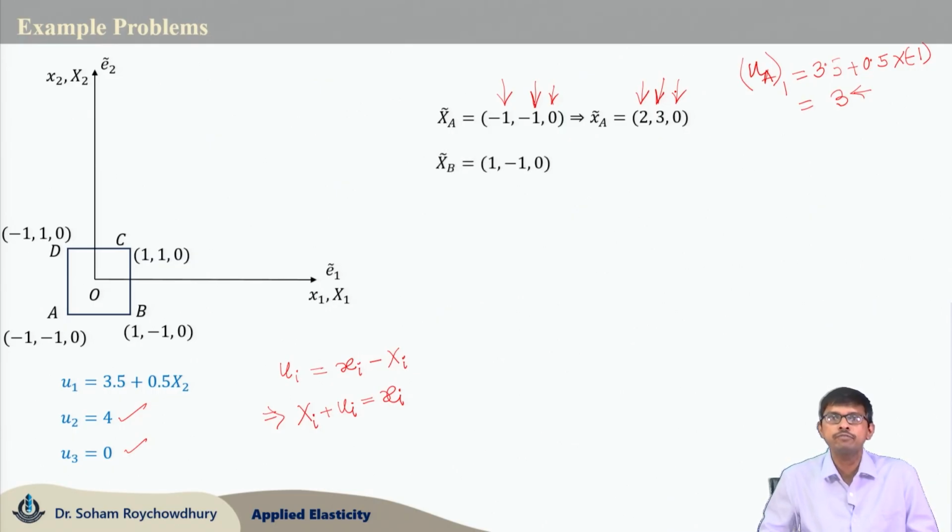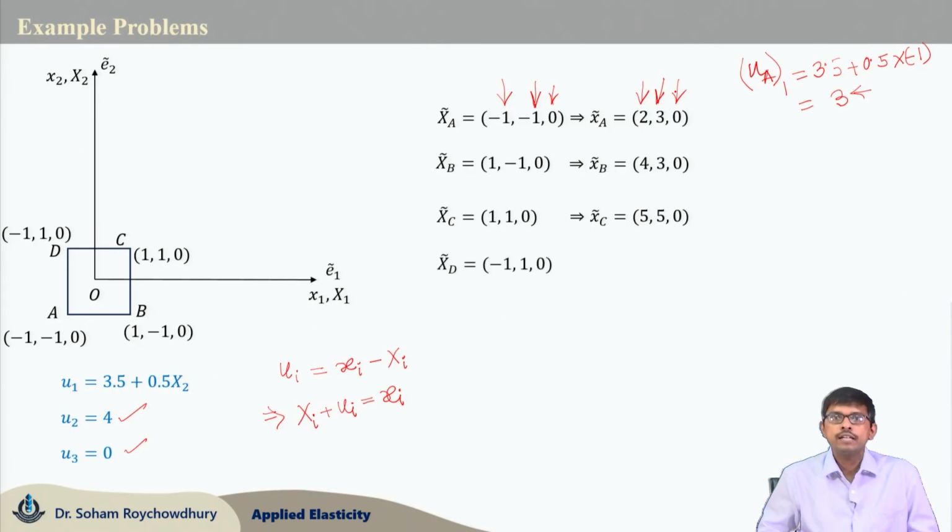In the same fashion, for point B the deformed coordinate is 4, 3, 0; for point C it is 5, 5, 0; and for D it is 3, 5, 0.